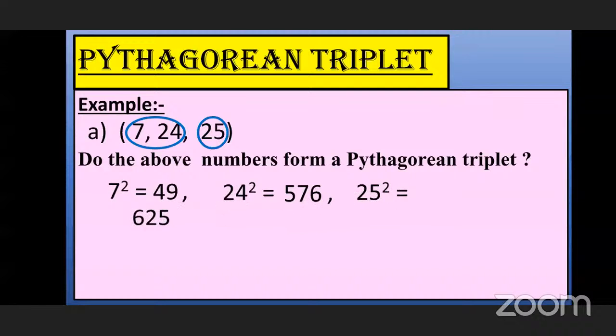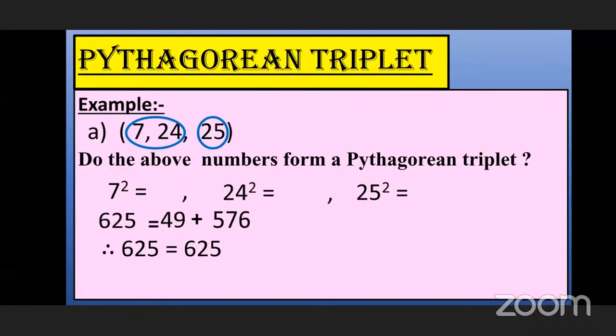So 625 equals 49 plus 576. Just add and tell me whether we get 625 or a different number. Yes, 625. After adding, 49 plus 576 is equal to 625. Therefore, children, both the sides are equal.